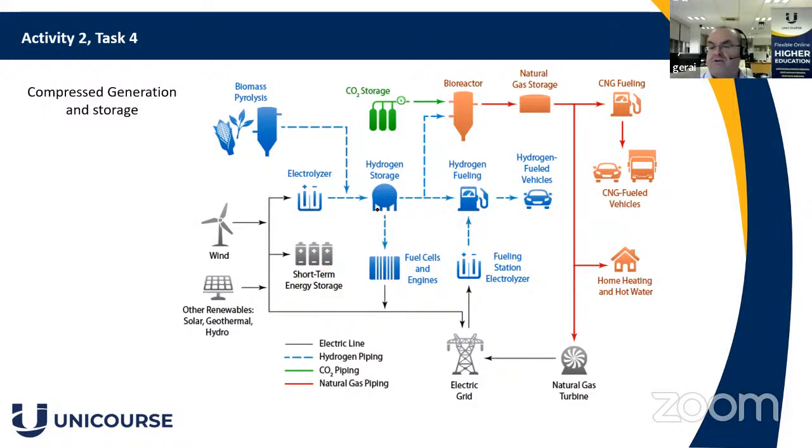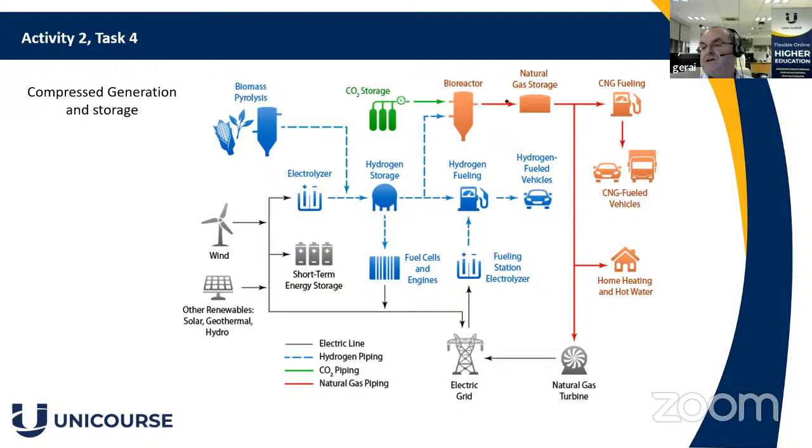Now, what you can do with that hydrogen, you can pass it through fuel cells, and that can be used then to generate electricity. We can also use the stored hydrogen by mixing it with CO2 in the bioreactor. And CO2 and hydrogen, that's the basis of methane, which is natural gas.